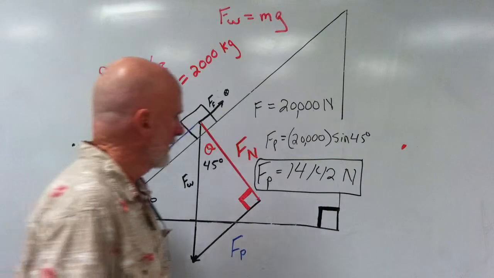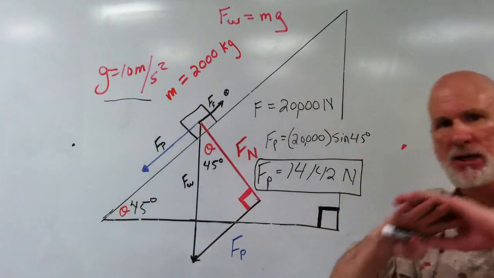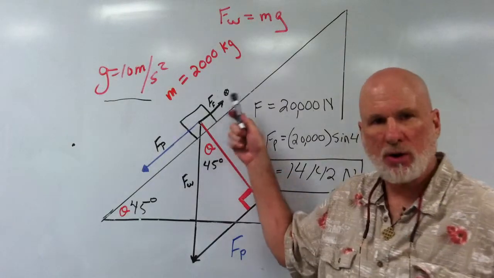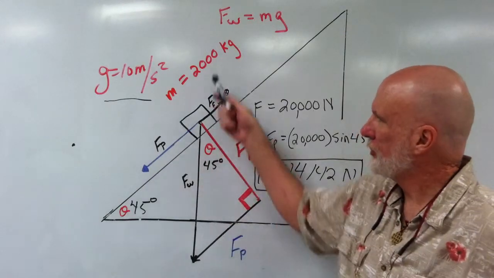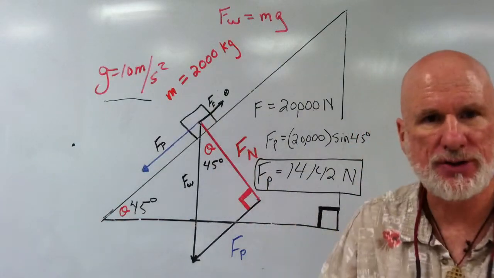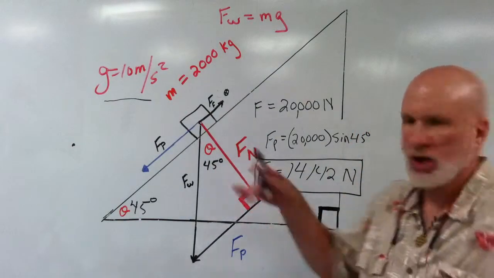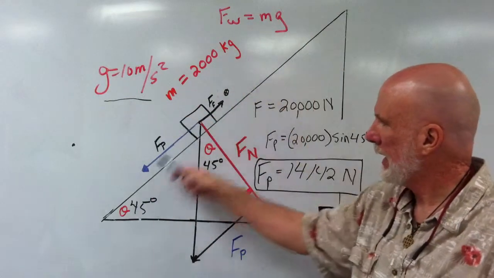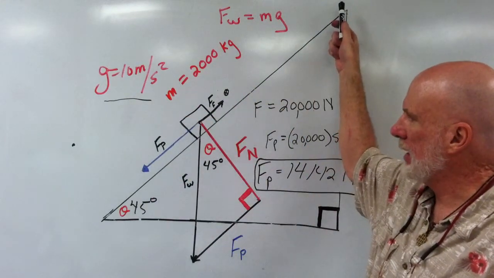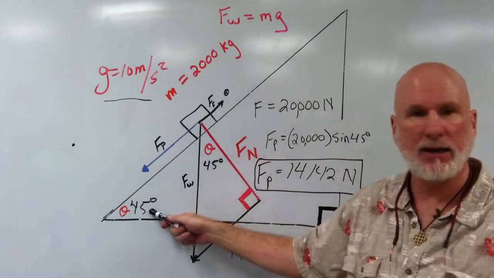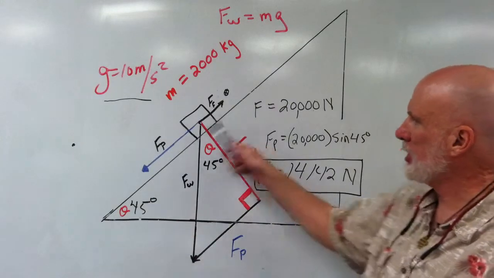Okay, easy. So let's review what we just did. A roller coaster car, 2,000 kilograms, full of three or four or five students. The car is very heavy. Total mass together, 2,000 kilograms, and it's sliding along a roller coaster with an angle of 45 degrees. What is going to be Fp?